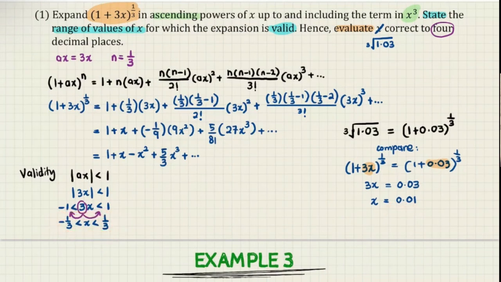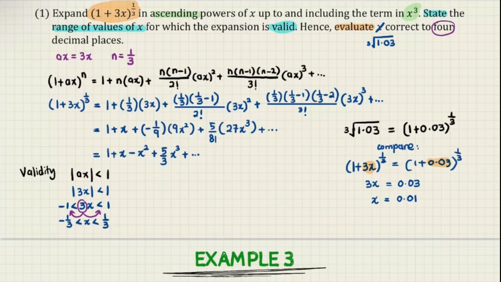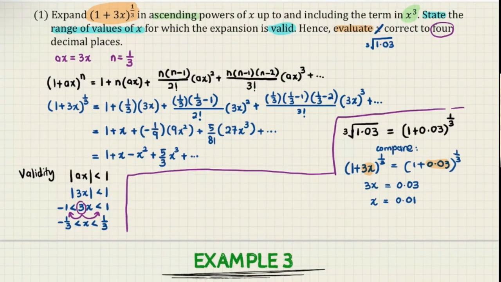Sebab tu kita kena cari validity supaya bila kita dah cari value of x here untuk digantikan pada this expansion, x ini adalah dalam this range of validity. So penting untuk kamu check validity lah sebab kita nak tahu x yang kita cari nanti boleh tak kita gunakan dalam this expansion. So kita nak evaluate this kan, cube root of 1.03. So okay, the cube root of 1.03.